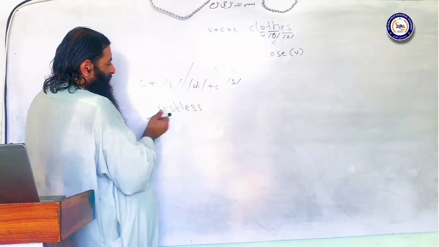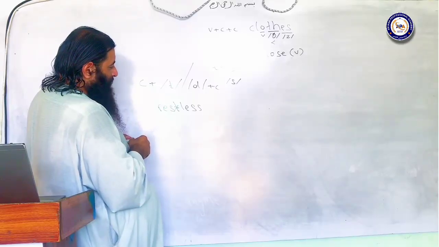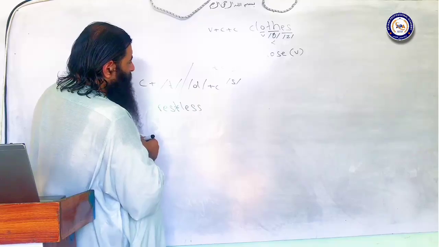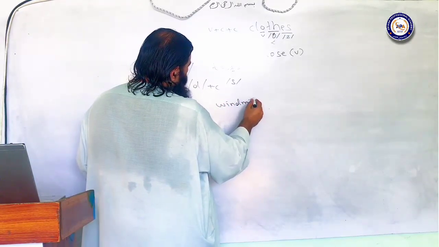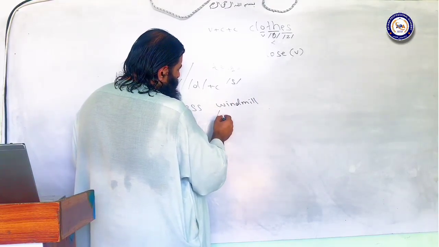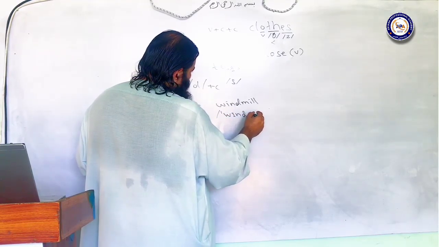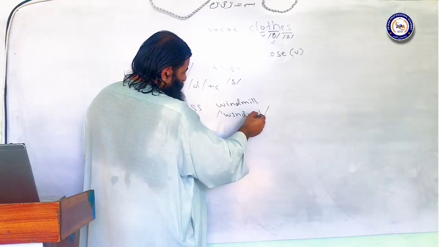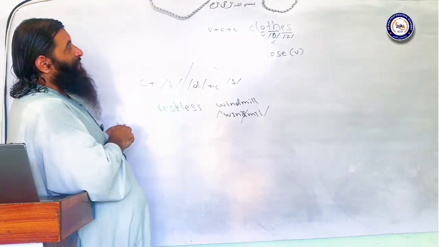Again, for ease, we elide the t, which appears between two consonants. So instead of restless, we say "resless". And another example for d: windmill. We've got d between two consonants, n, d, m. We elide the d, and what remains is "winmill".